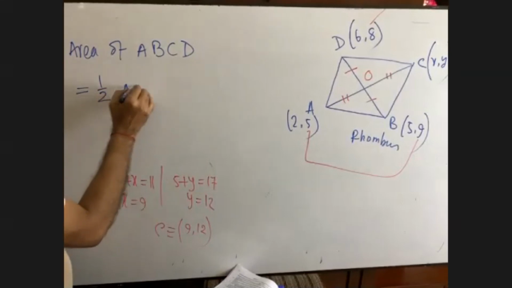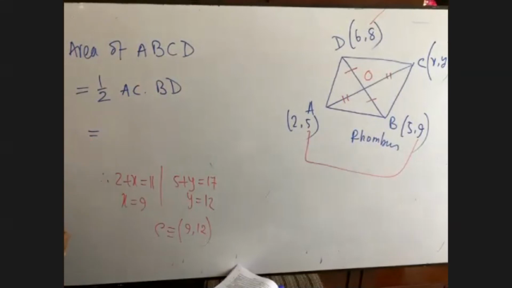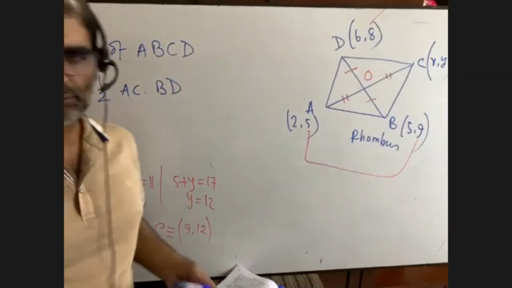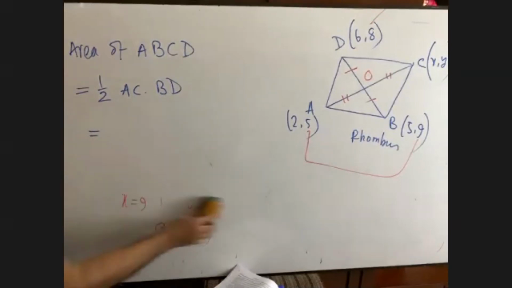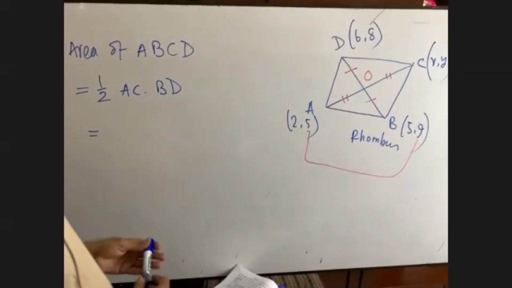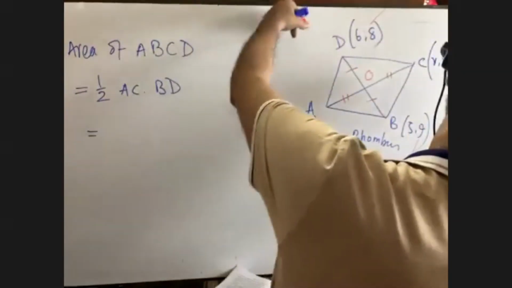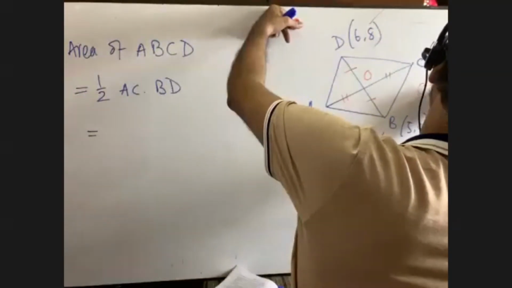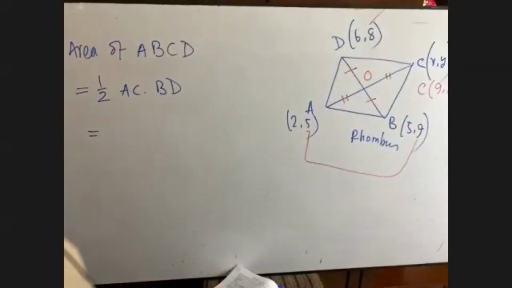Half into AC into BD, half into product of the diagonals, right? Now let me know what is the coordinates of this, 9, 12, right? Yes, it is.